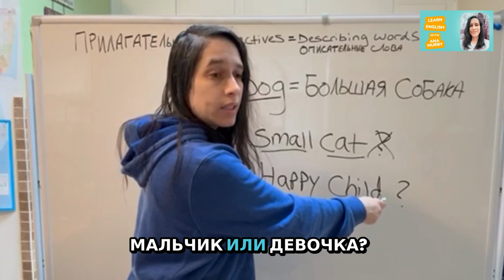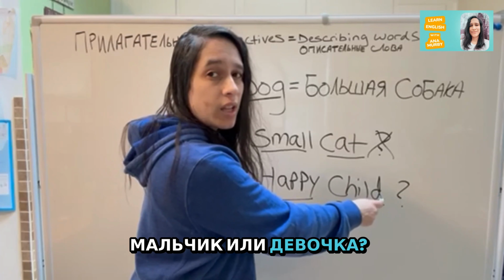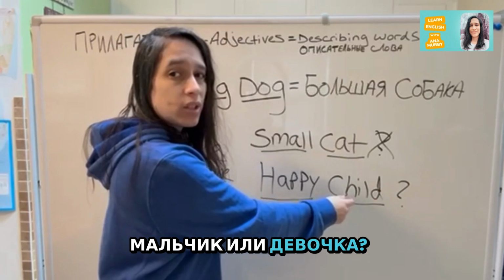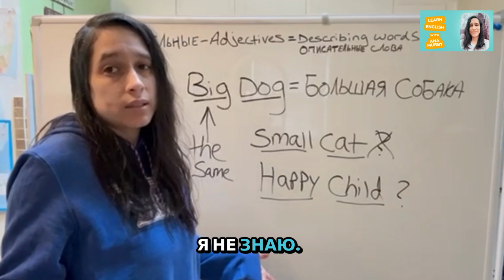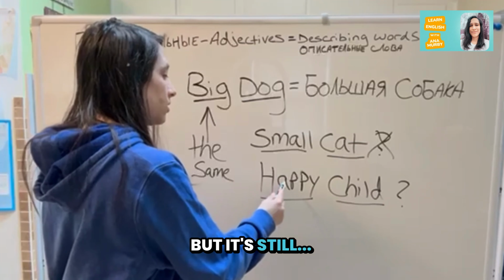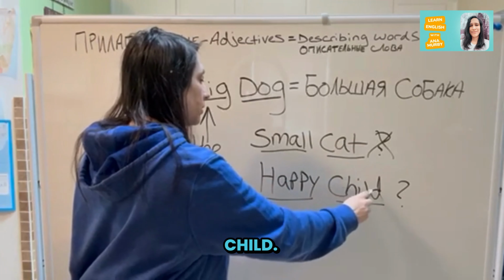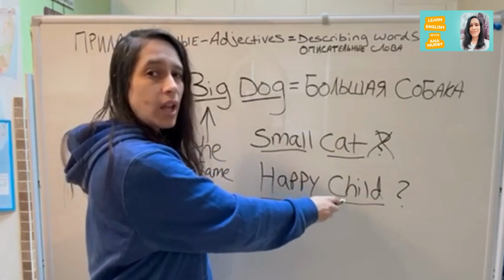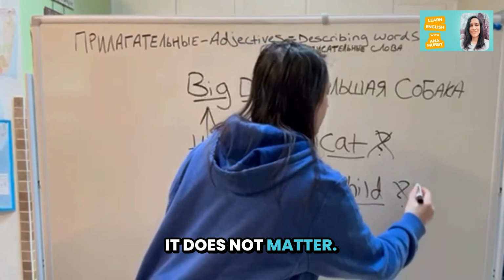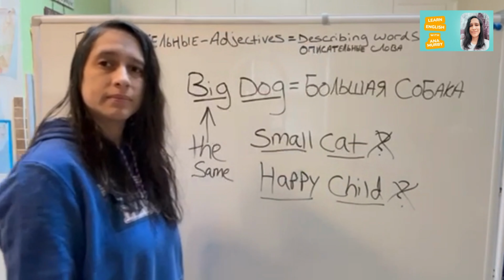Мальчик или девочка? Я не знаю. I don't know. But it's still счастливый ребенок. Happy child. It does not matter the gender.